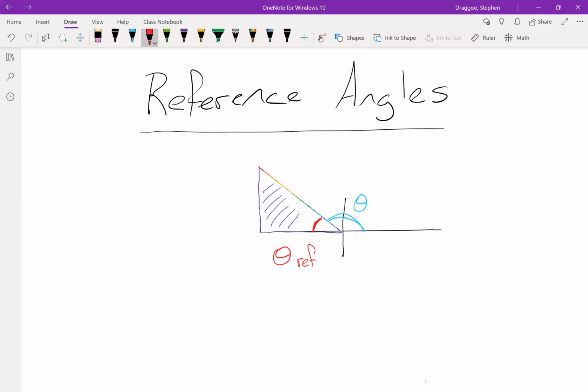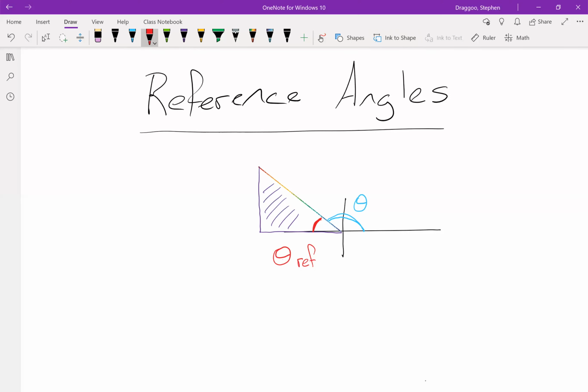So these reference angles are always going to be measured from the x-axis to my angle in standard position. I'm always going to choose the closest x-axis to wherever my angle is.